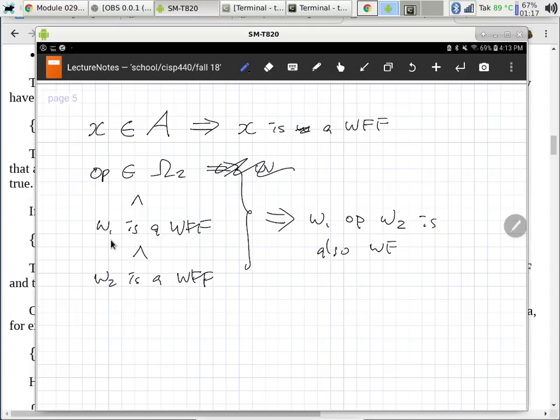So this is the recursive part that makes it possible to label complex expressions to be well-formed.